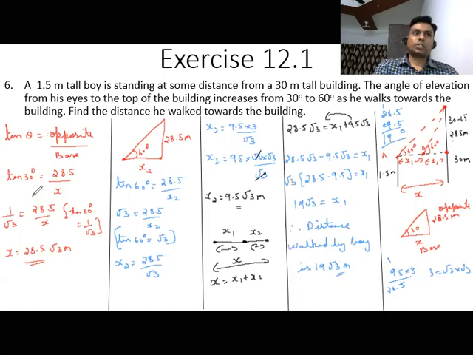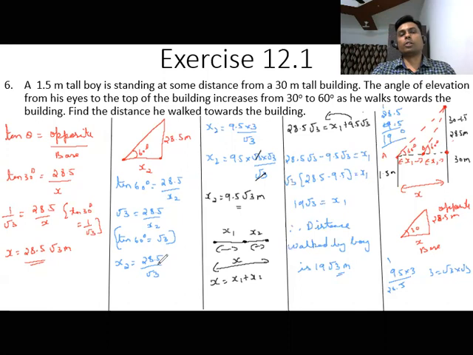Tan theta. So tan 30 degrees is equal to 28.5 by x, or 1 by root 3 is equal to 28.5 by x. You got x as 28.5 into root 3. Now the boy has walked such that the new angle formed is 60 degrees. So tan 60 is 28.5 by x2, and tan 60 is root 3. So x2 is 28.5 by root 3.